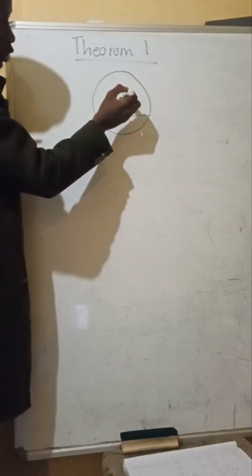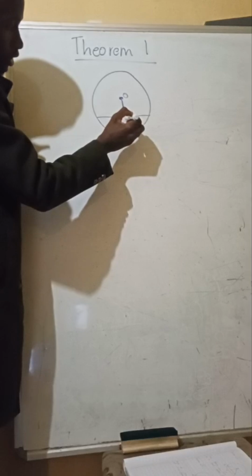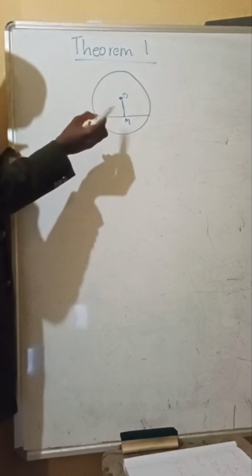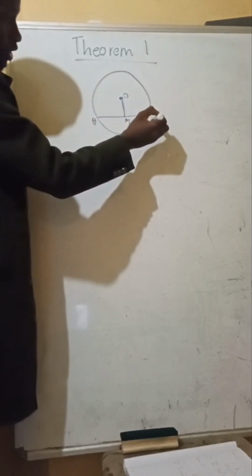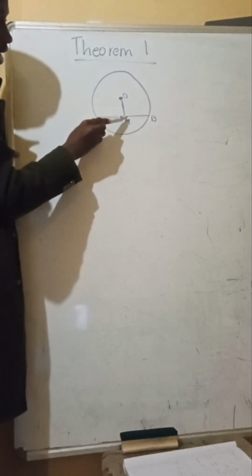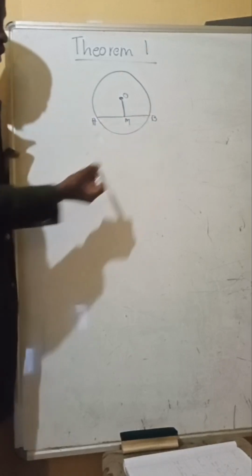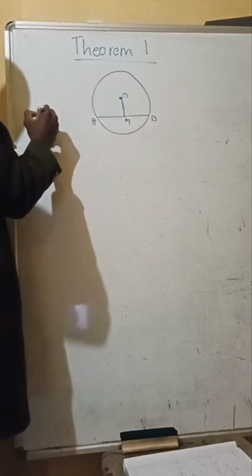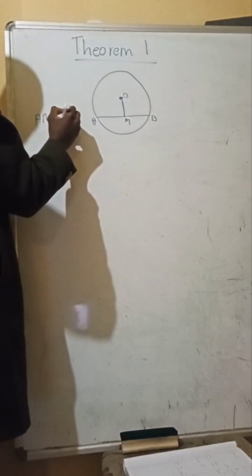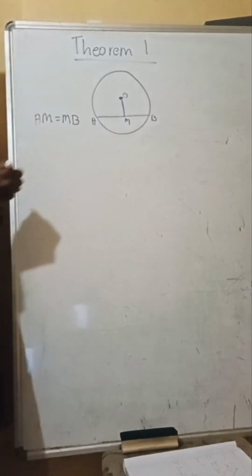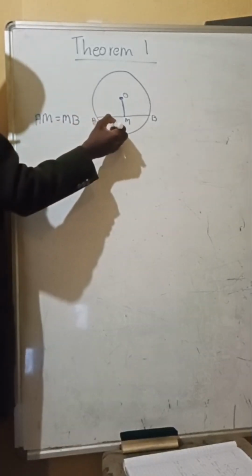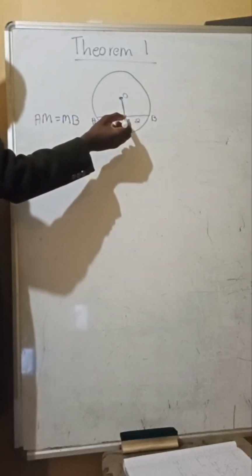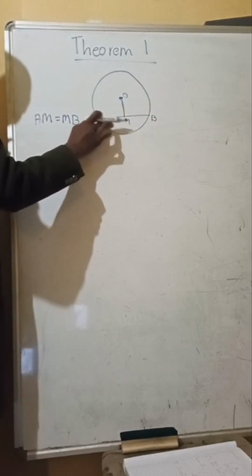Let's call the center O, and this point M. Let's call this chord AB, meaning OM bisects chord AB. What does bisect mean? Bisect simply means AM is equal to MB in length. If AM is 2, then MB is also going to be 2, meaning this line cuts AB into 2 equal parts.